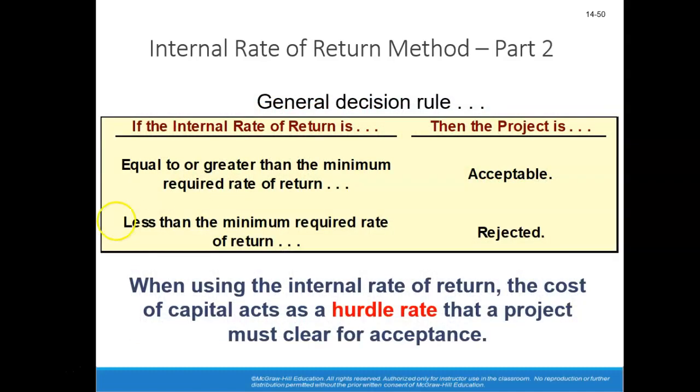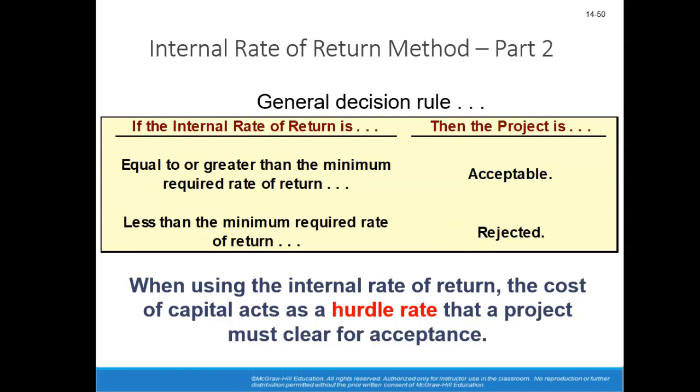Okay? So if the internal rate of return is equal to or greater than the minimum required rate of return, we're going to accept that project. But if the internal rate of return is less than the minimum required rate of return, we're going to reject that project. So pretty much you're comparing your discounted rate to the internal rate of return.